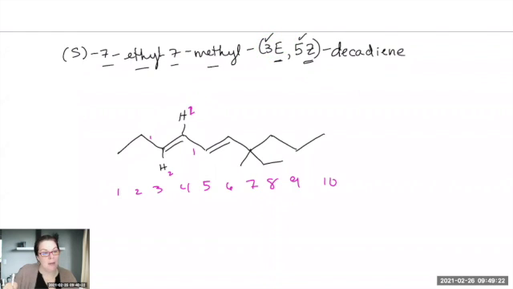Now we're going to do the same thing for the other alkene. So here's my other alkene. And I'm going to draw in my hydrogens. All right. And let's take a look at this one. I'm going to look at the end on carbon 5. I have carbon versus hydrogen.